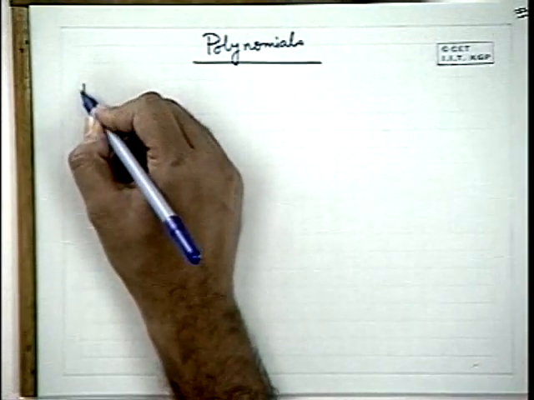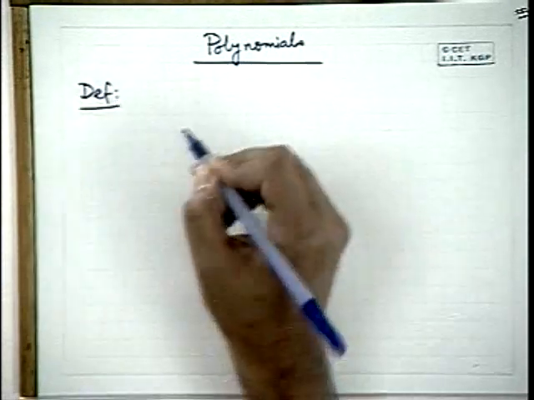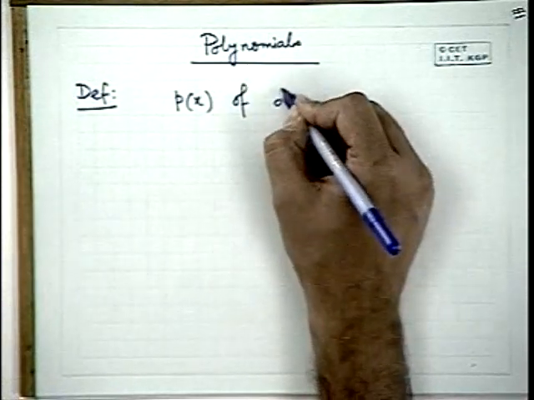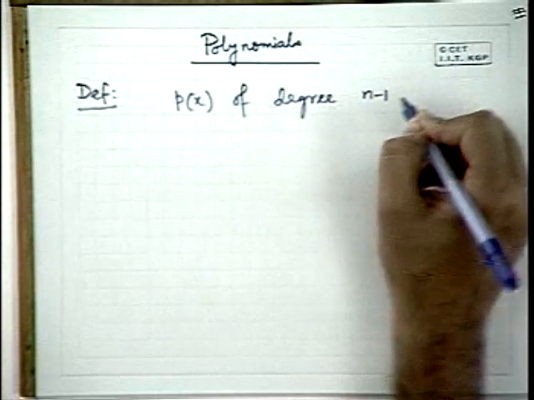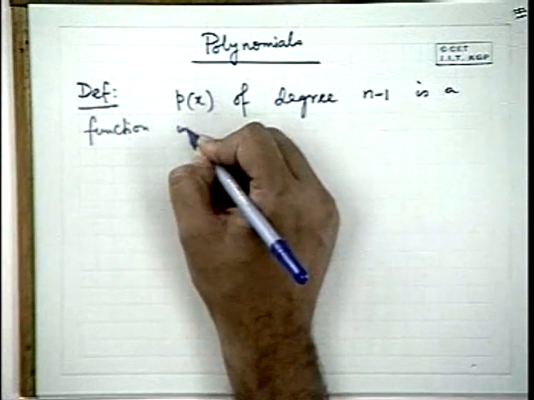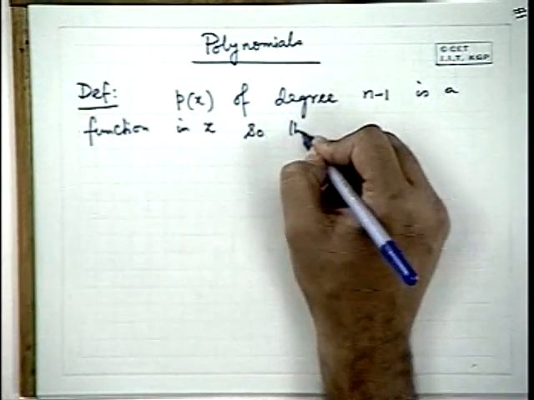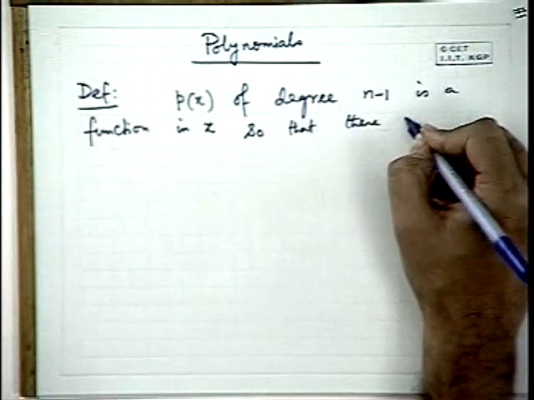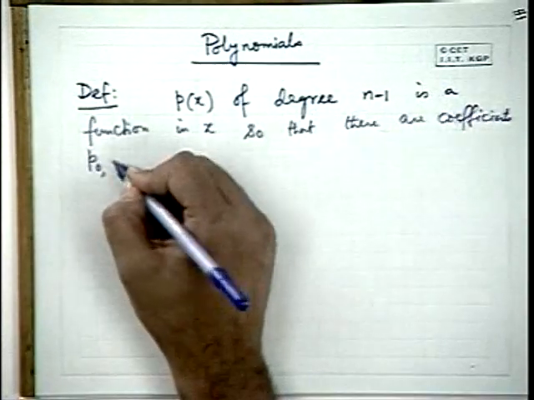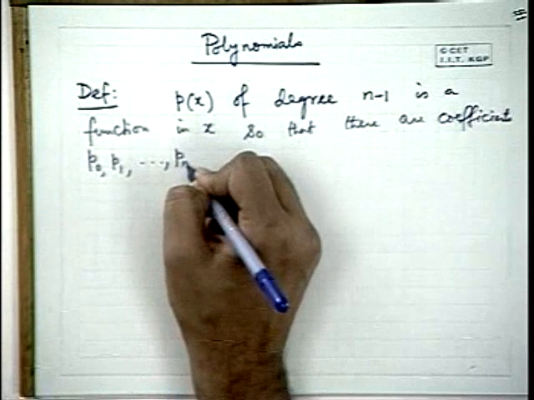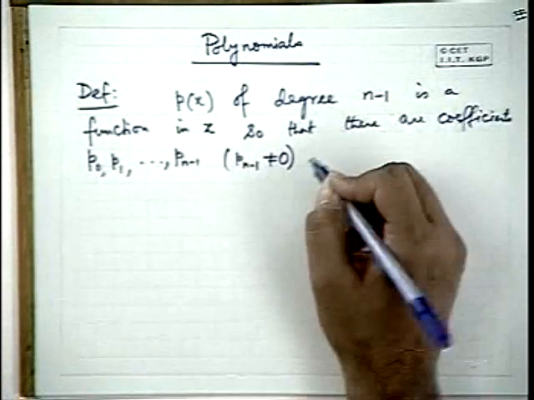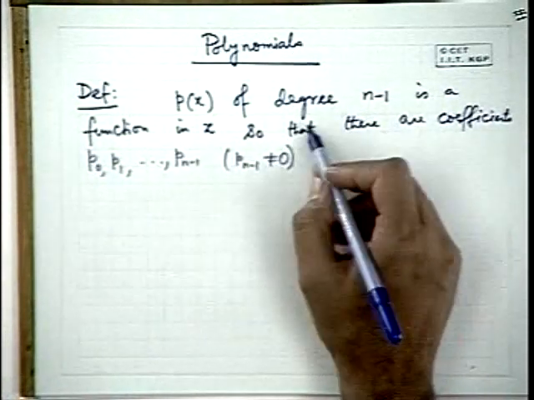Now first, let me define the terms. A polynomial P(x) of degree n minus 1 is a function in x, so that there are coefficients, I am denoting them as P0, P1 up to P(n minus 1), where P(n minus 1) is not equal to 0, otherwise the degree does not become n minus 1.